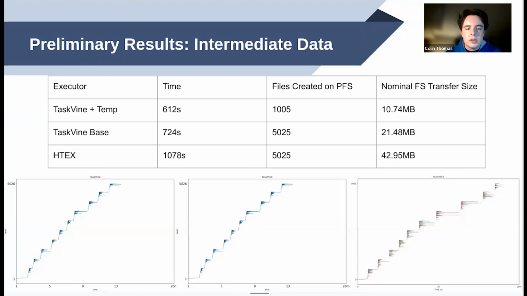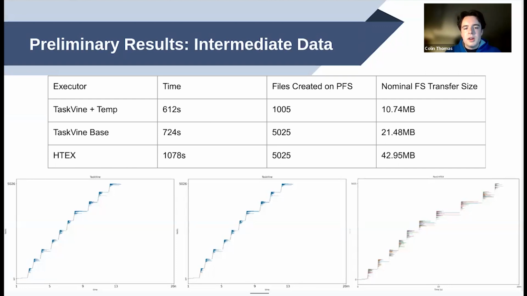And between the TaskVine base version and the high throughput executor, if we think about the transfers going on in the shared file system, even without the temp files, the TaskVine base version is still a little easier on the shared file system. If we run a task, we produce the file and write it back to the shared file system.